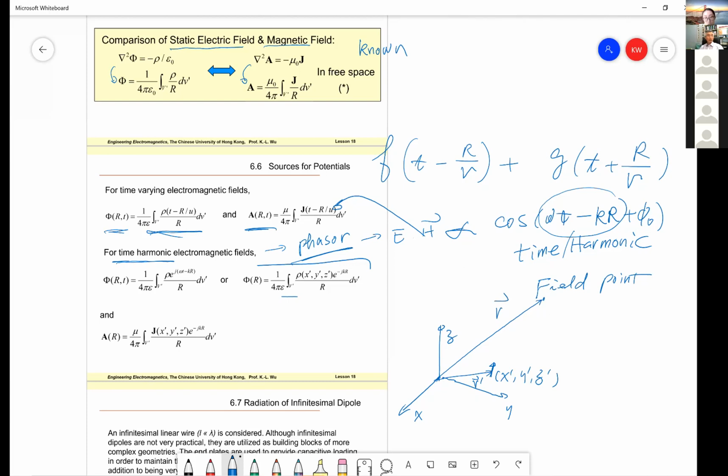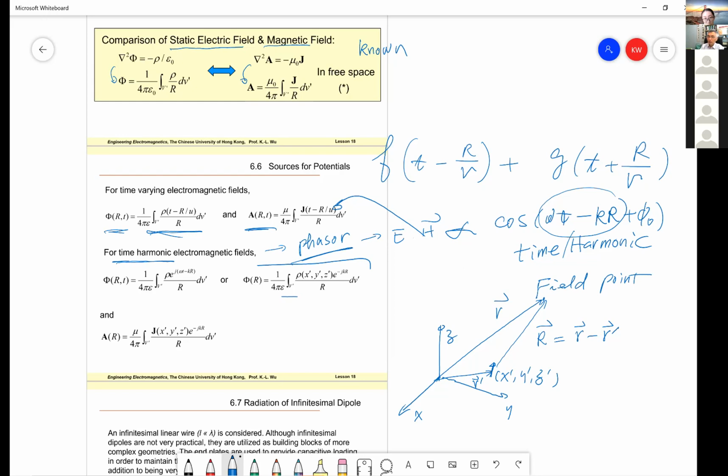It's R, okay, it's R. So this is the R vector. This R vector is R prime, R minus R prime, okay. So this is what this R is, right?